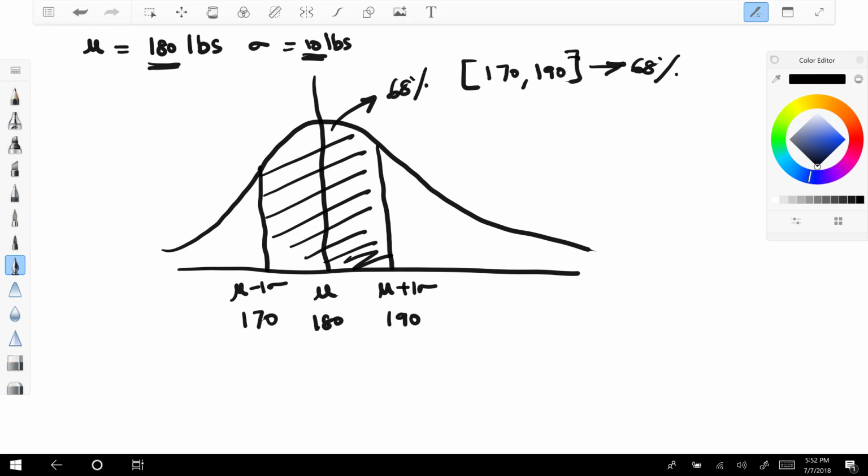And then we have mu plus 2 sigma, which is 180 plus 2 times 10, that's 200.